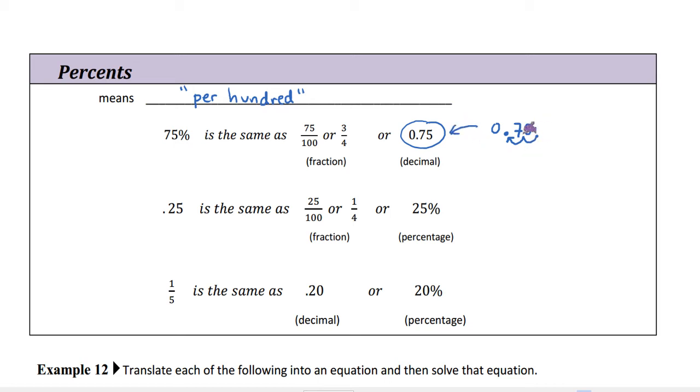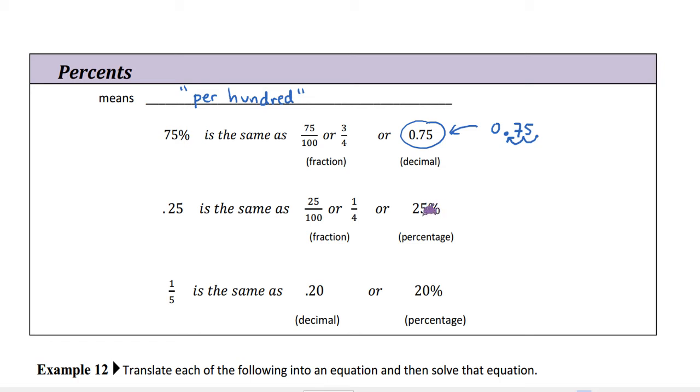When you're dividing by 100, you just move the decimal over to the left by 2. And 0.25 is the same as 25%, because you could move the decimal the other way. 0.25 is the same thing as 25 over 100, or a quarter. So that's how to write it as a fraction, or 25%.